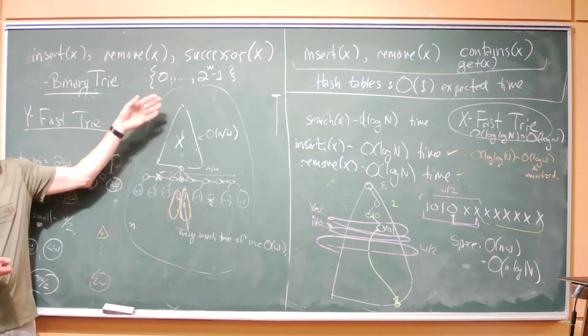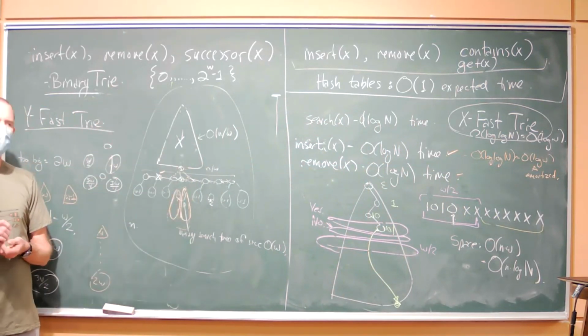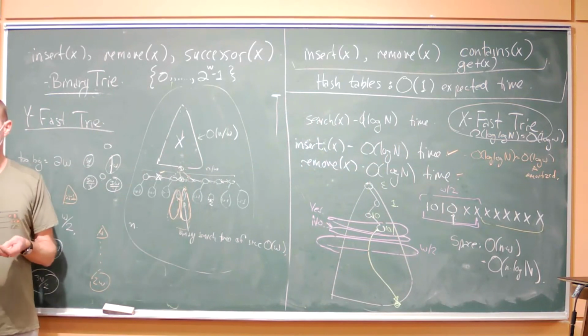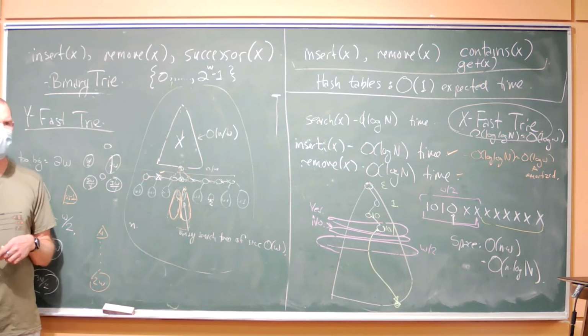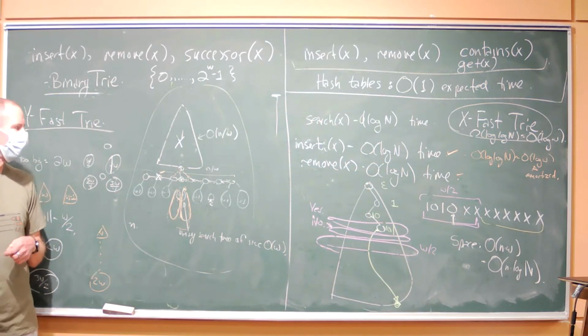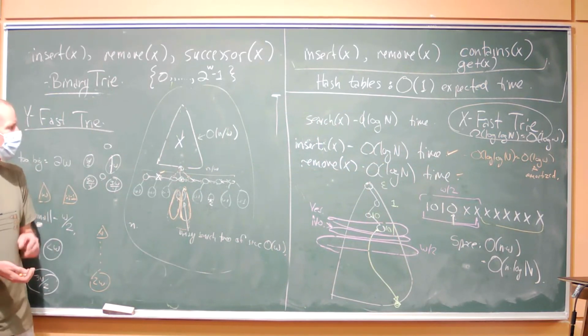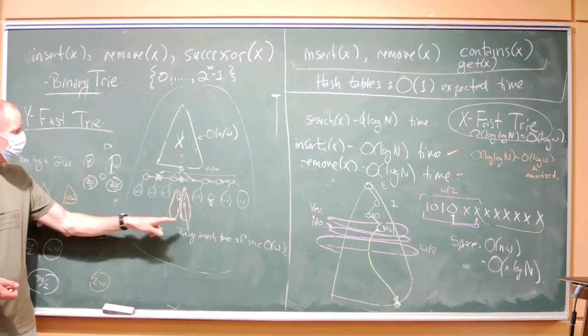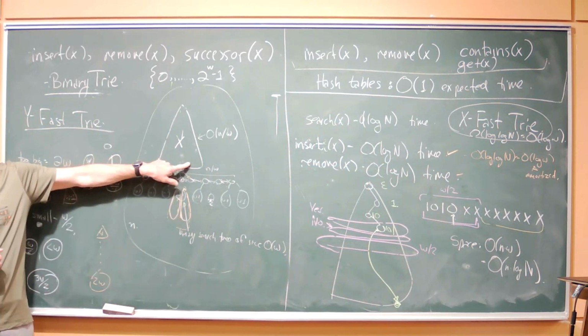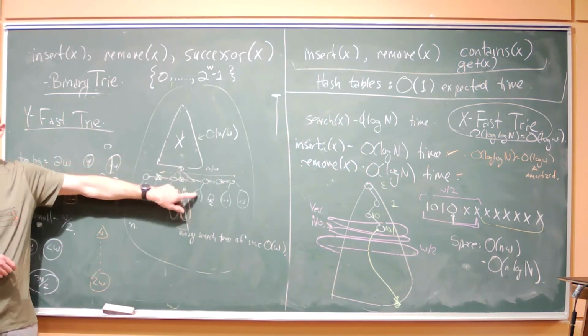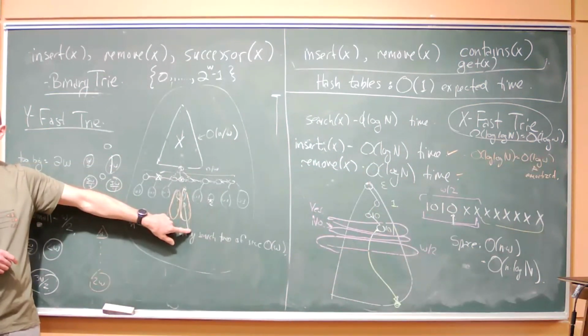When you insert something, you toss a biased coin that comes up heads with probability 1 out of W and tails with probability 1 minus that. If that coin happens to come up heads, then you put the thing that you're inserting up here, and you use it to split something down here.